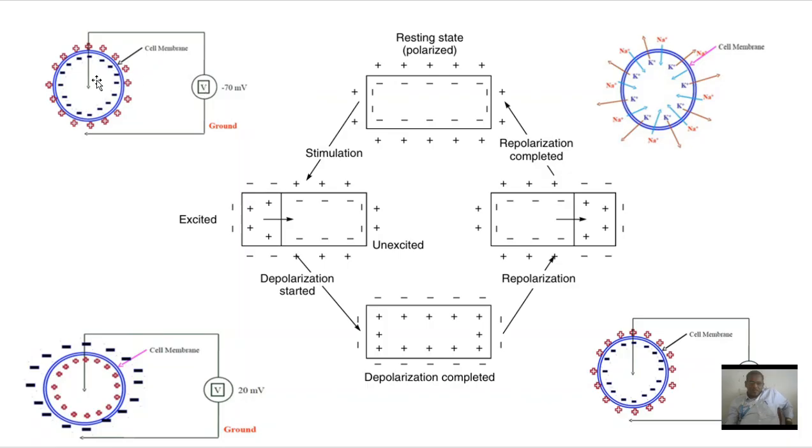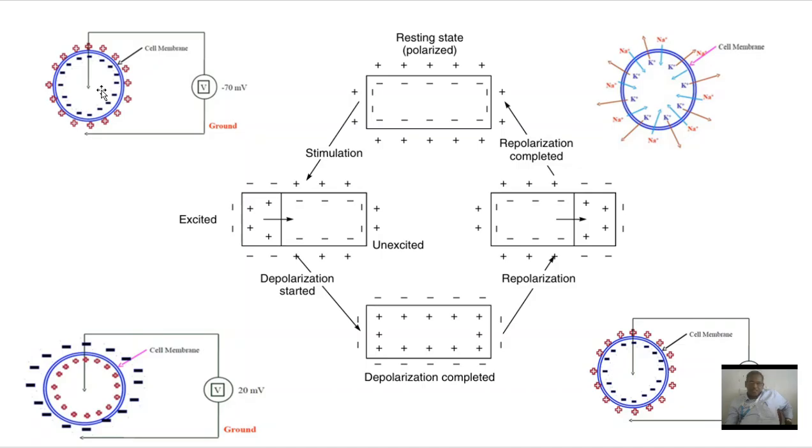Due to the permeable membrane, the sodium ion, which has a higher concentration outside, tries to go inside the cell, and at the same time the potassium, which is positive, and the chloride, which is negative, try to come outside.